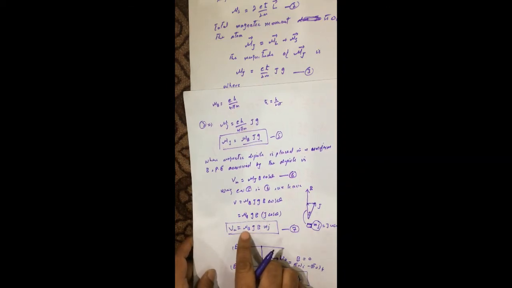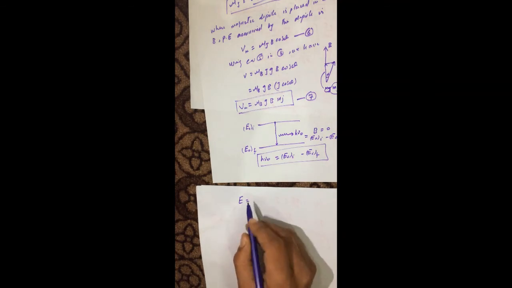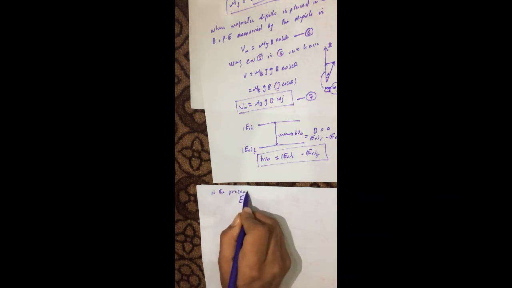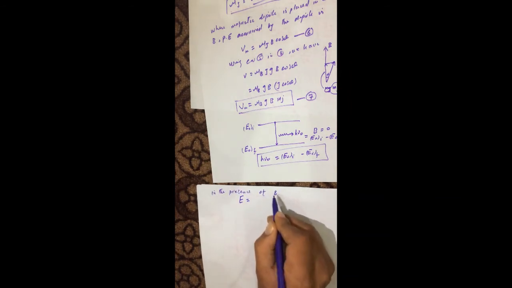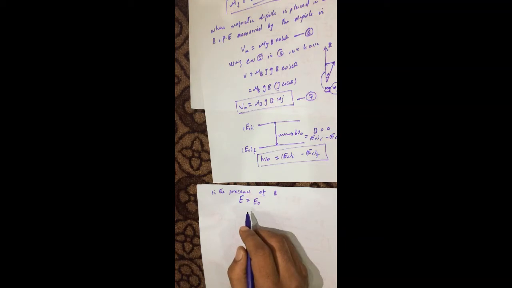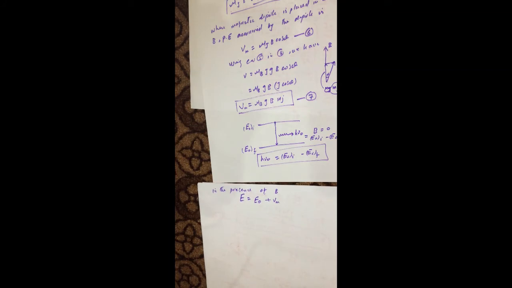So the total energy will be the sum of this atomic energy plus the potential energy acquired in the presence of magnetic field B. Total energy will be equal to E naught, the atom's original energy, plus Vm, the energy stored due to the magnetic field, where E naught is the energy of the atom without magnetic field and Vm is the energy stored in the atom due to magnetic field.